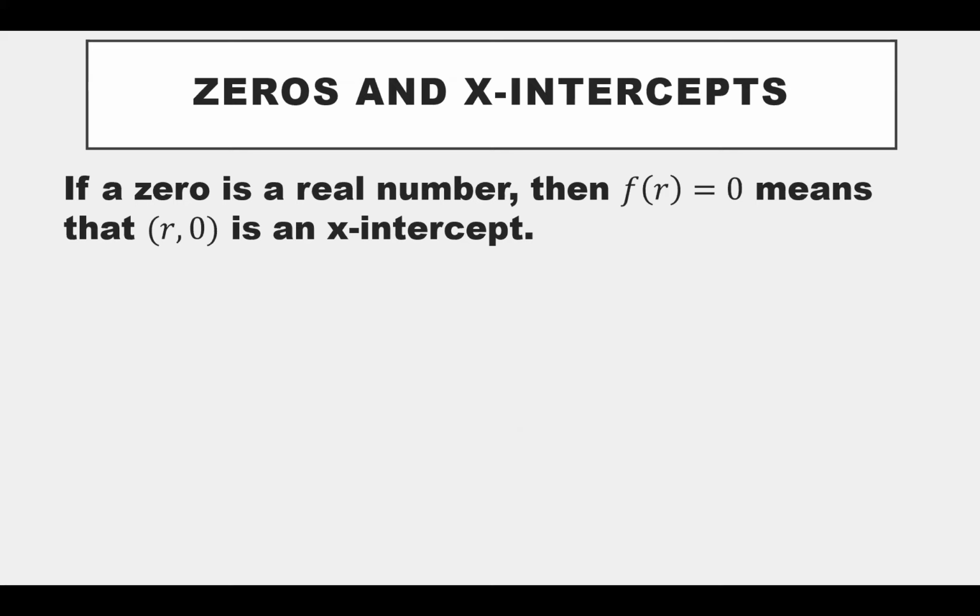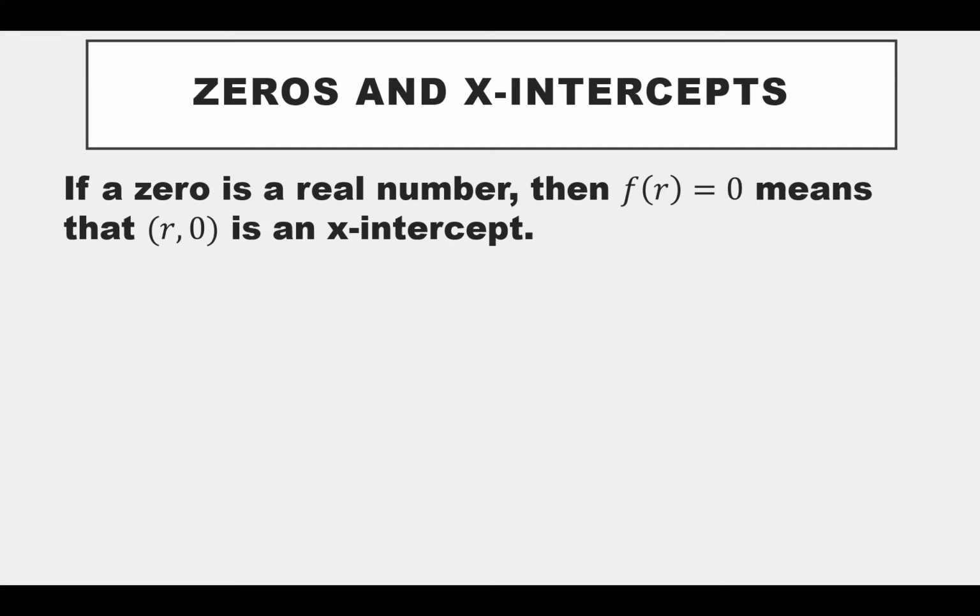Another connection we have with zeros is the connection between zeros and x-intercepts. A zero is some number that when you plug it in, you get out zero. If that number happens to be a real number r, then the point (r, 0) is on the graph, and therefore (r, 0) is an x-intercept of the polynomial function.